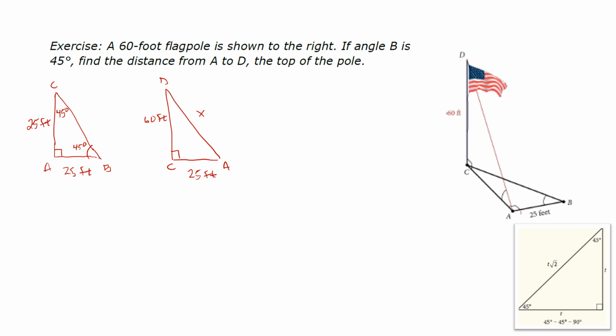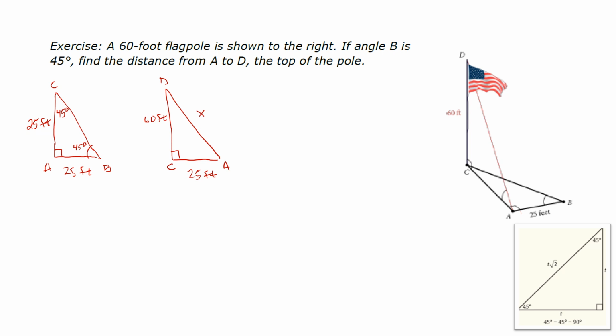Okay, we don't know the angle measures of angle A and D in the second triangle, but we do know it's a right triangle. What we're looking for is the length of AD. So we can use the Pythagorean theorem to help us find that length because we know 2 out of the 3 sides.